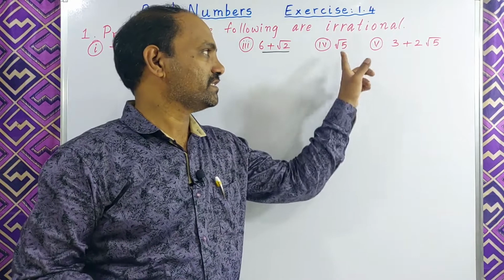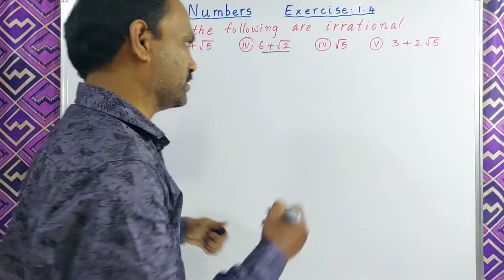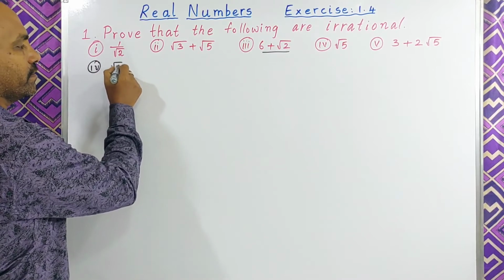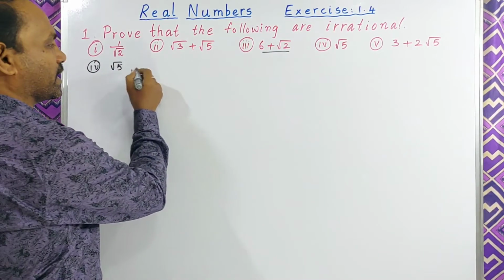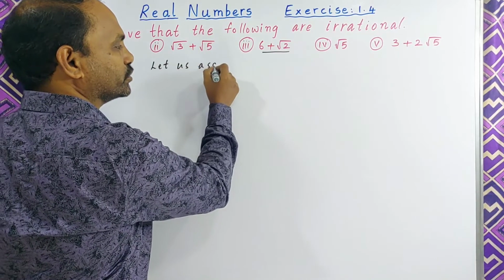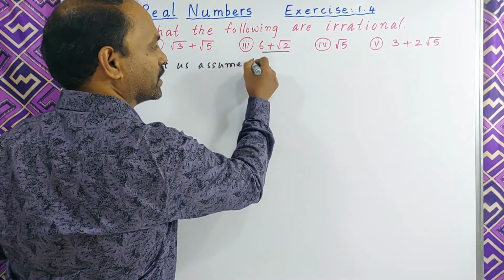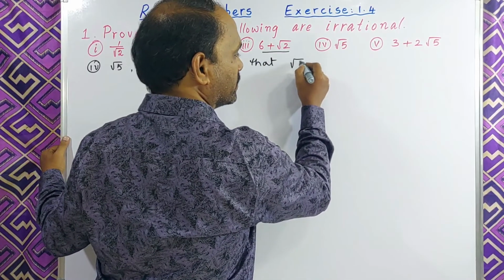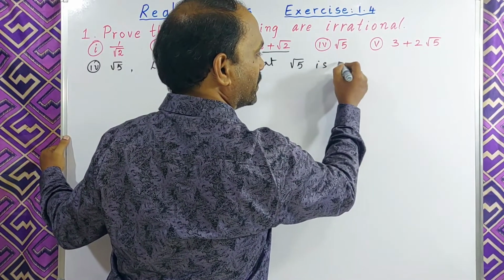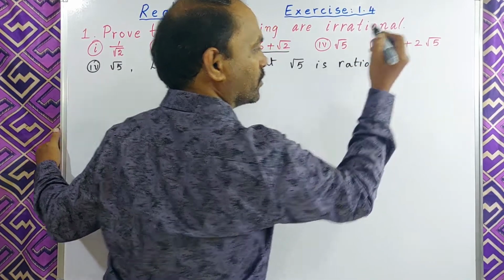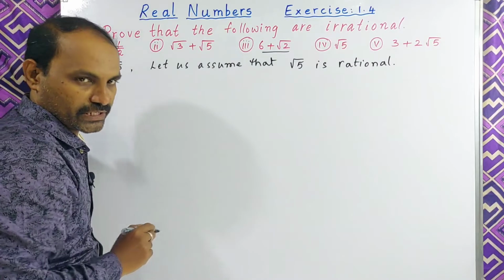Yes. Okay students, let us check the fourth one, root 5. This question. Again the same method. Let us assume that root 5 is rational. We can assume that root 5 is a rational number.